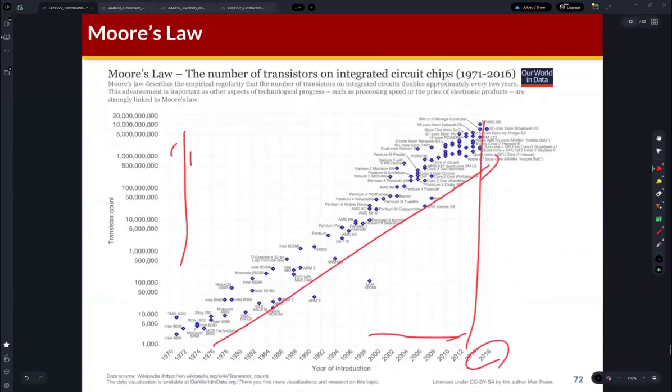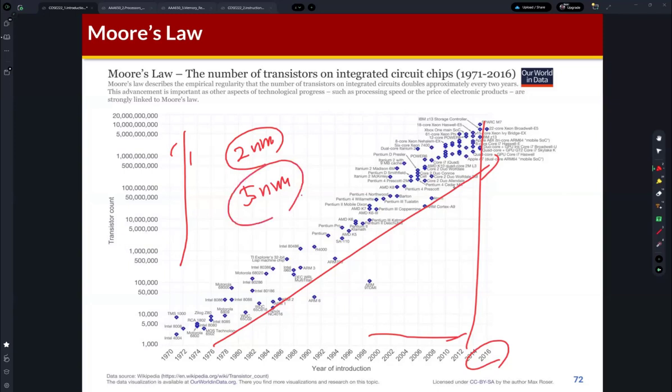Actually, Gordon Moore himself told of Moore's law, and he estimated that it would end soon, around 20 years ago. It is because it's very hard to make transistors smaller and smaller. Think about this number: 2 nanometer or 5 nanometer. You may think it's just a number, but 2 nanometers is comparable to the size of elements like molecules, right?